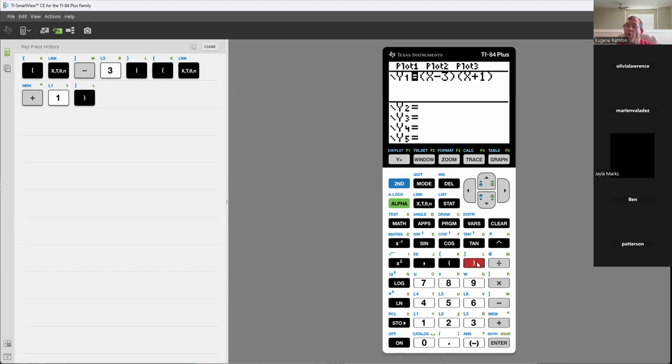So I'm looking for what part of my graph is going to be less than the x-axis. So y'all, when I hit graph, so less than will be the part of the parabola that's under the x-axis. So if you look at it on the left side, it starts going under the x-axis at -1. And then it's under the x-axis until it gets to 3 on the x-axis. Okay? So it's under from -1 to 3, which was what we got on our interval.